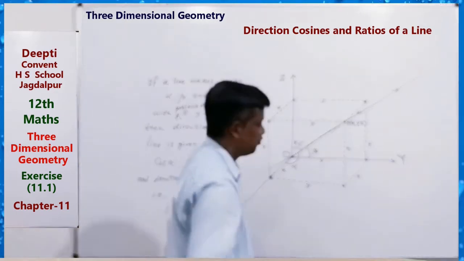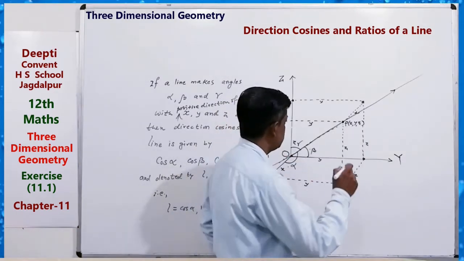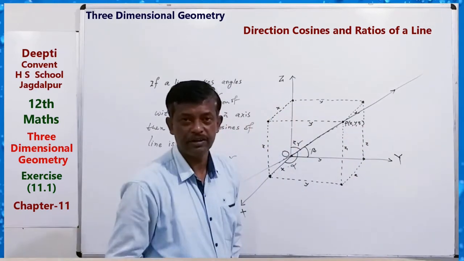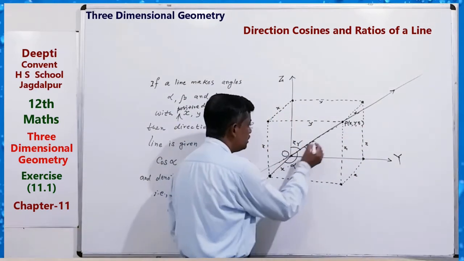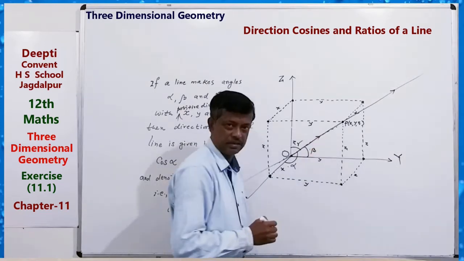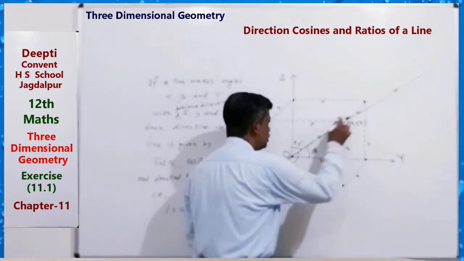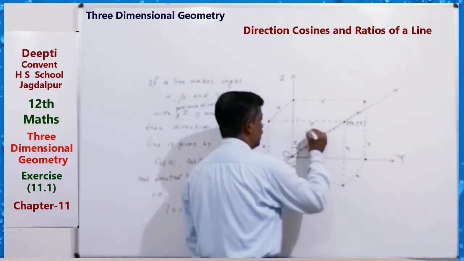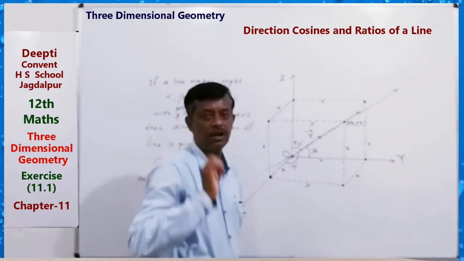Here we know from the vector method, if P has x, y, z rectangular coordinates and this is the origin, then this vector, we denote this vector OP, suppose this is vector r and its modulus is small r.